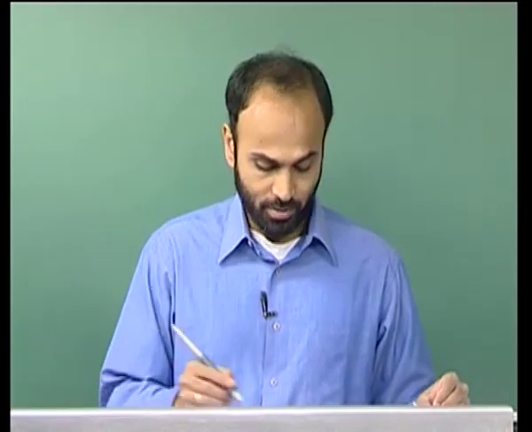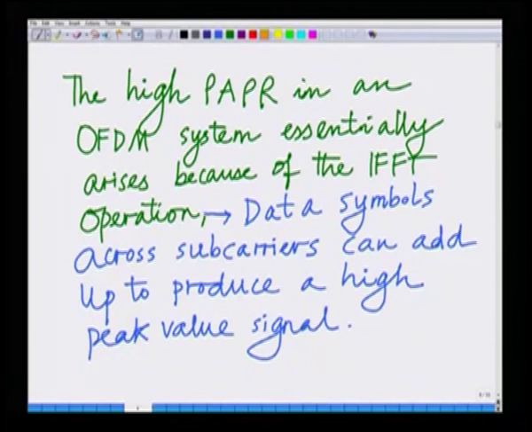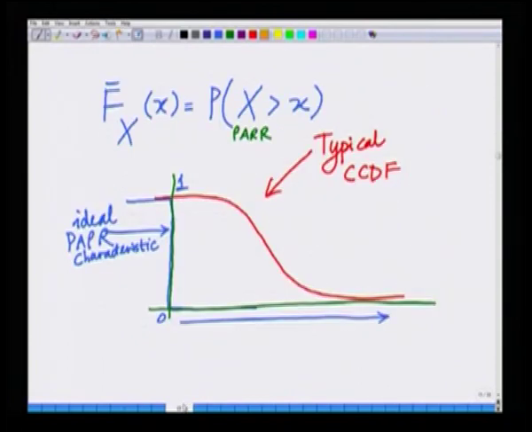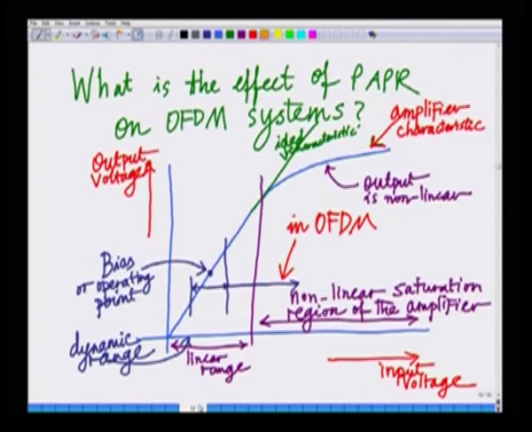That results in a high peak to average power ratio in an OFDM system. And we also saw that the peak to average power ratio can be measured by the CCDF, that is the probability that the peak to average power ratio is greater than a certain threshold. We also looked at examples of how the PAPR CCDF curve looks for different numbers of subcarriers.